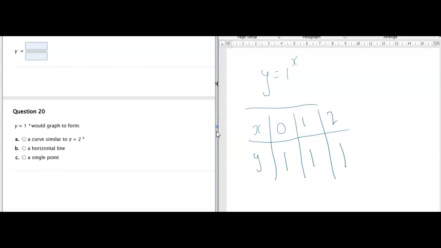So if we draw the graph, we've got x equals 0, then 1, then 2, and a point at 1, another point here, another point here. If I kept going, 1 to the power of 3 is 1. So your answer is it's going to be a horizontal line.